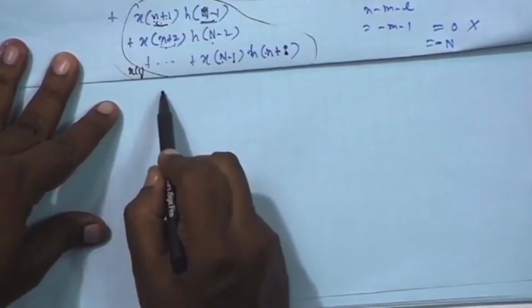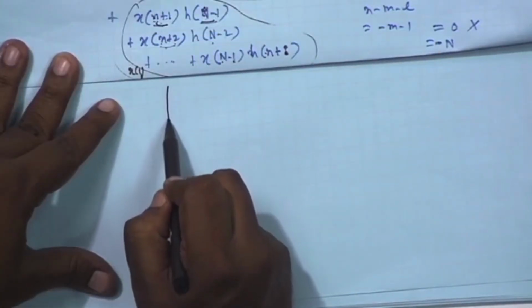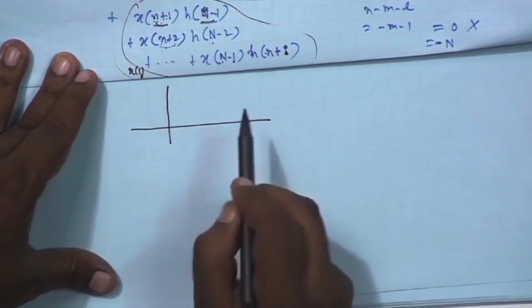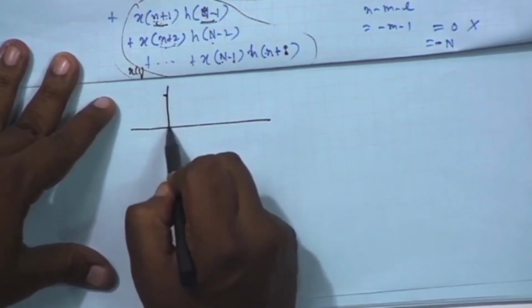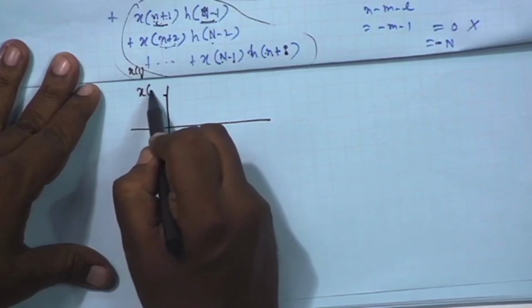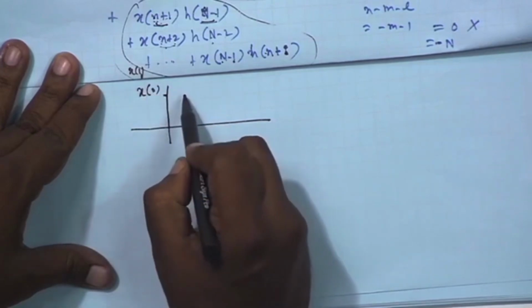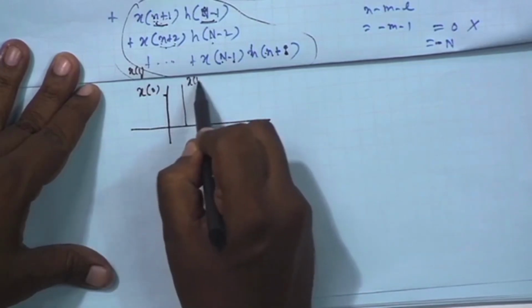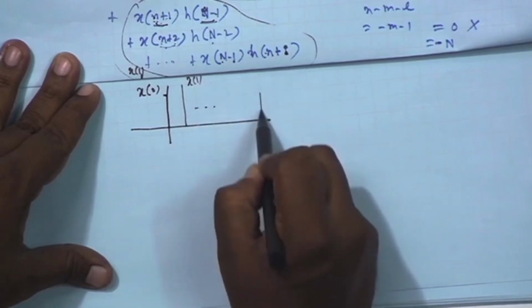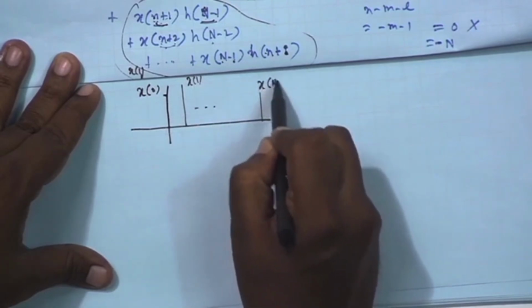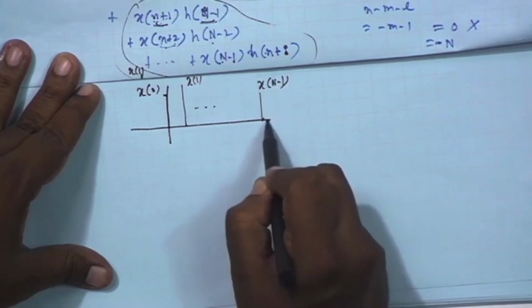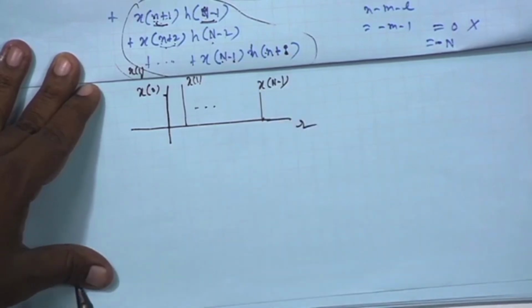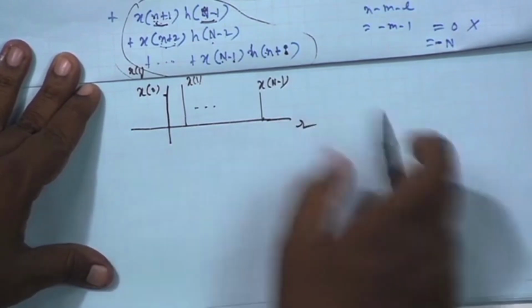So, suppose you have two sequences. The rule is: hold number 1 sequence as it is, x 0, same length, as a function of r, and the other sequence which you have, you make it periodic.